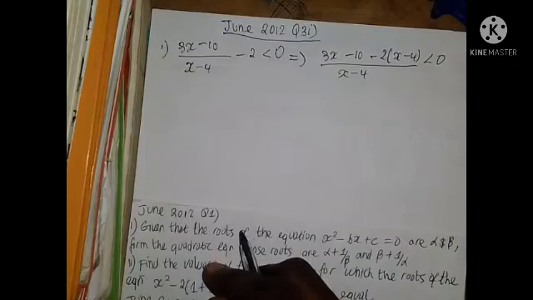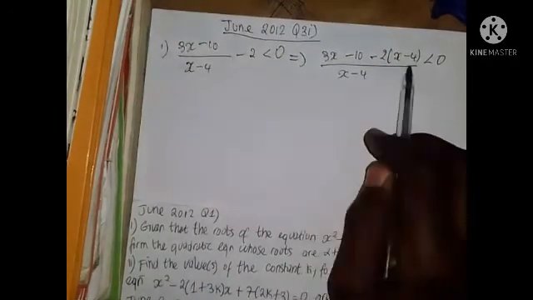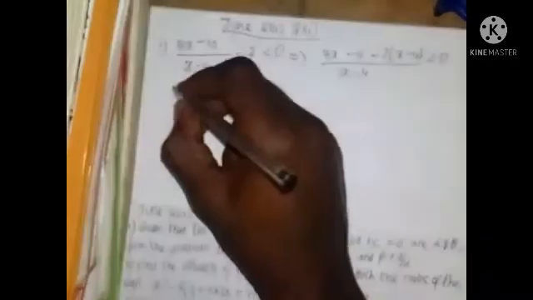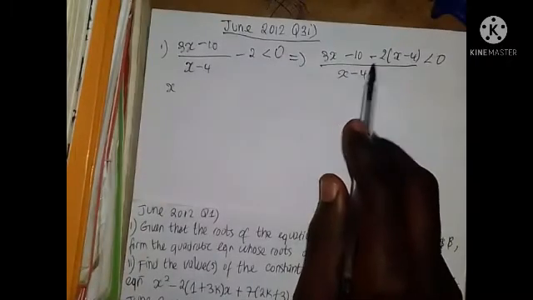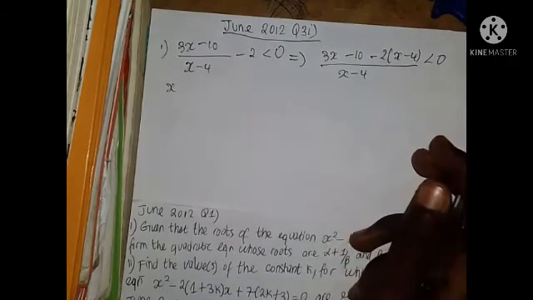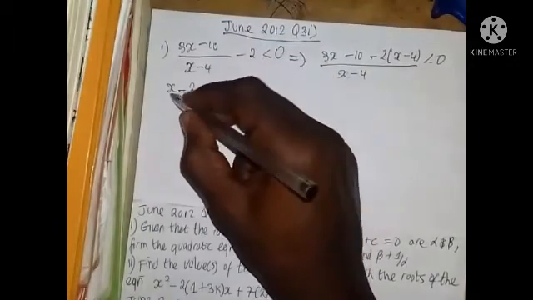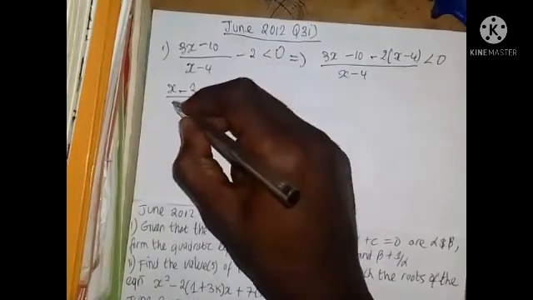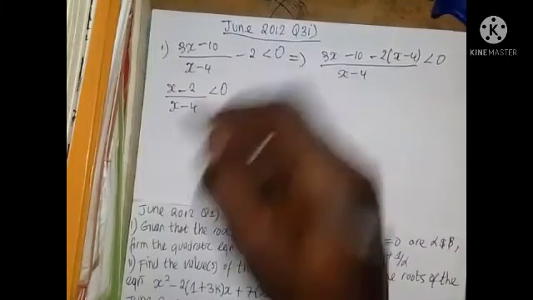Okay, so solving all this arithmetically, 3x minus 2x is going to be equal to x, and then minus 10 plus 8 is going to be equal to minus 2, all over x minus 4, less than 0.